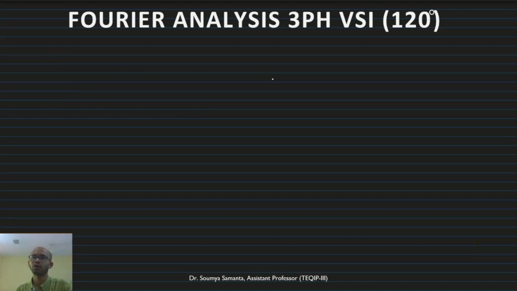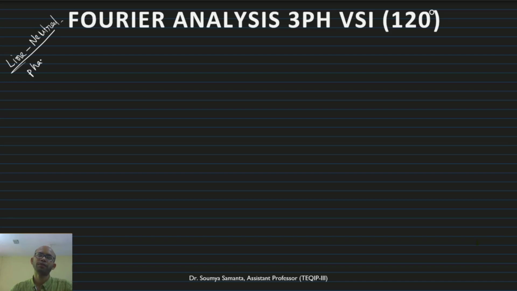So first, the waveform we will draw. First, the line voltage we will consider, the line to line. Okay, instead of going for line voltage first, in case of the 120 mode of operation it will be easier for us to start with the phase voltage, line to neutral.